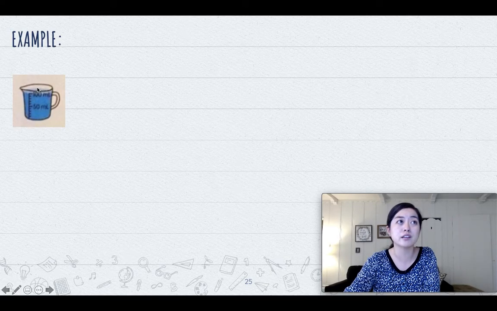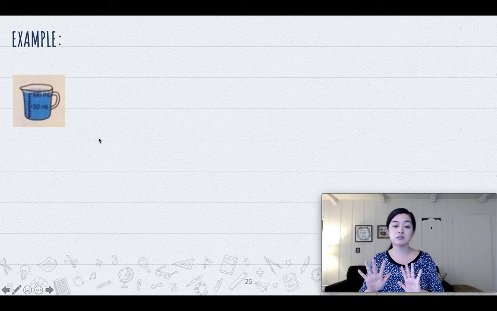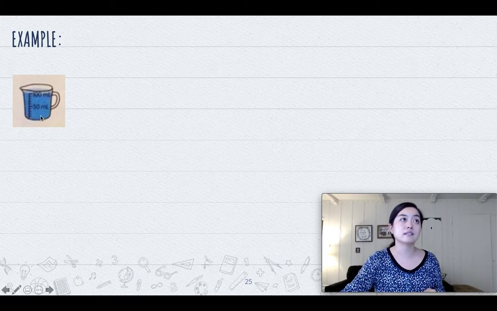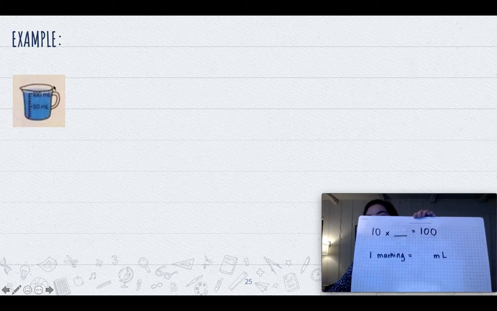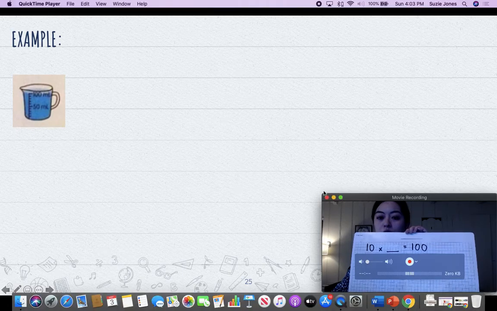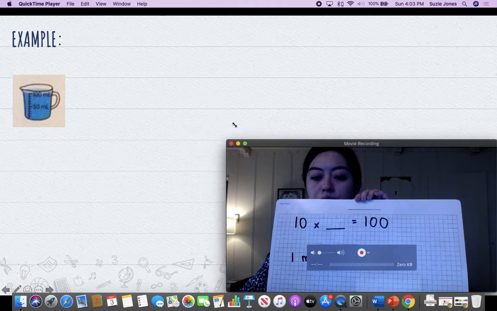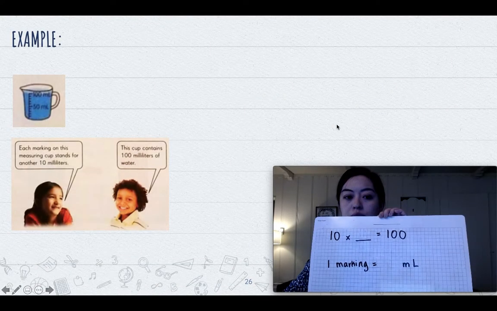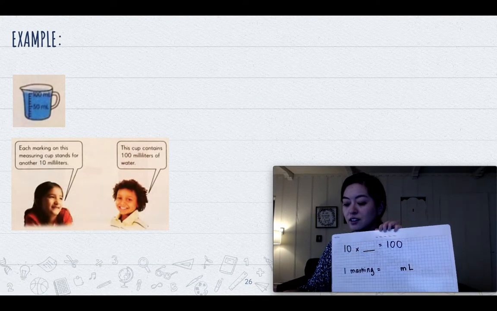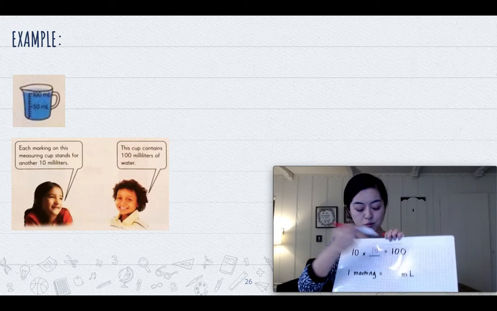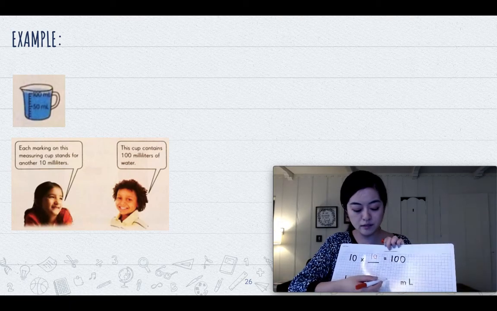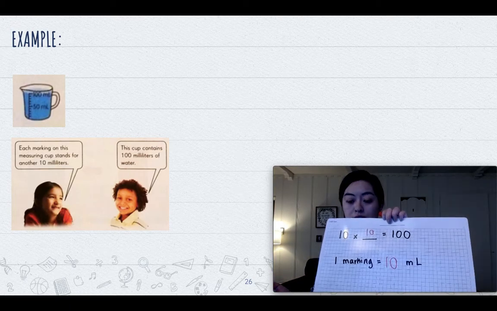If I count all the spaces in between up to 100, there's 10 markings, okay? So I see that 10 times something will get me 100. Can you figure out what this is? It's actually 10 times 10 gets you 100. So one marking is equal to 10 milliliters.